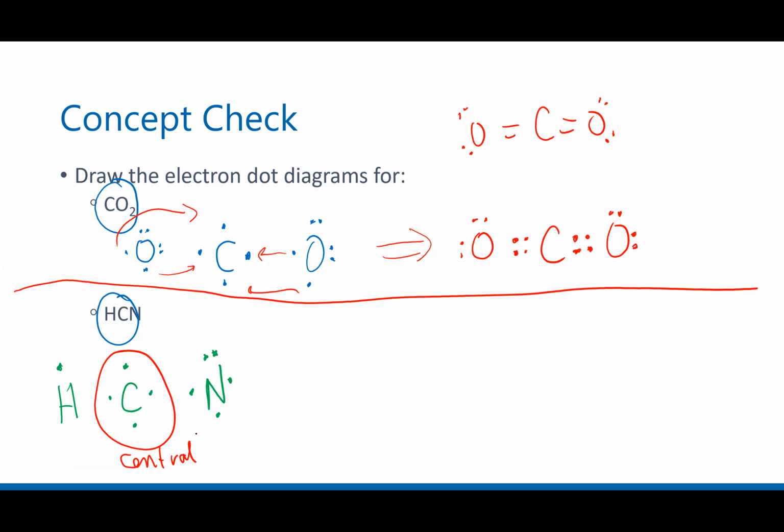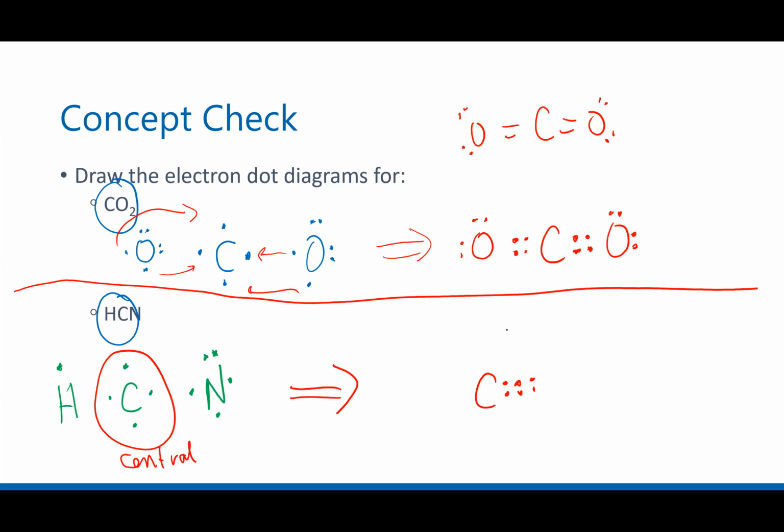This is like the perfect match. I got carbon that needs 4 electrons, but I also have a hydrogen and a nitrogen that have 4 electrons to share. It's like the perfect match. So I'll keep the C in the middle and we'll do a triple bond.